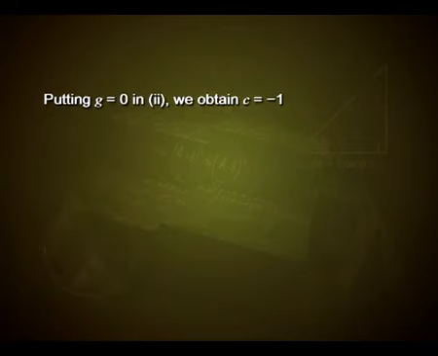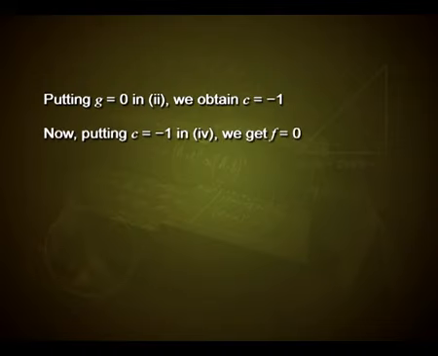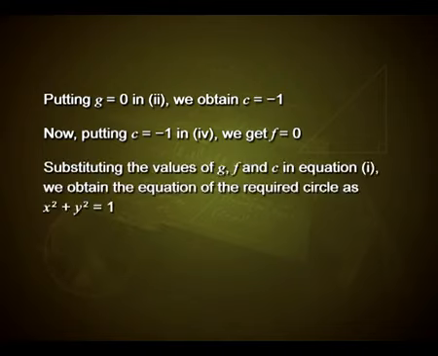Putting g = 0 in second equation, we obtain c = −1. Now, putting c = −1 in fourth equation, we get f = 0. Substituting the values of g, f and c in equation 1, we obtain the equation of the required circle as x² + y² = 1.